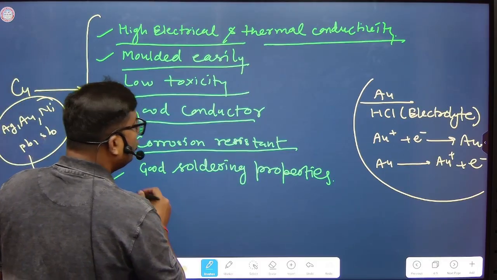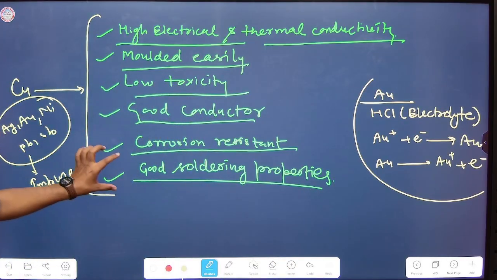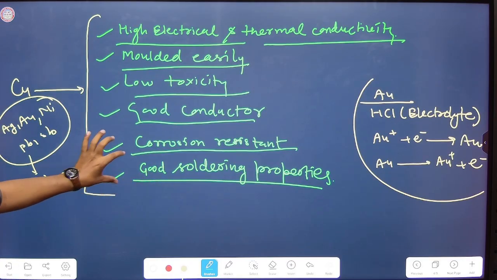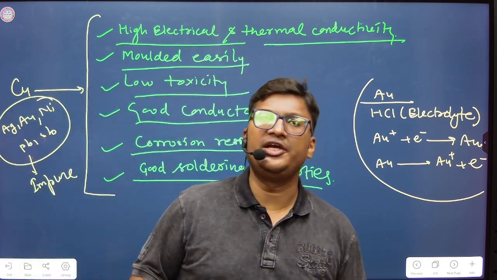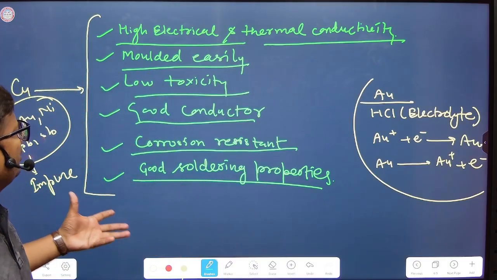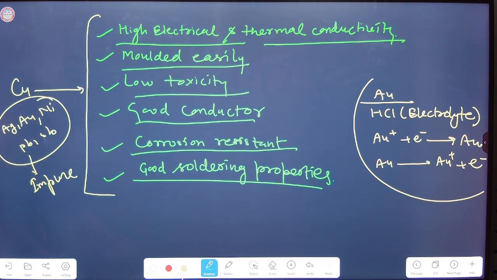And good soldering properties, right? So the copper which is extracted from the alloys has good soldering properties. So it is used in the soldering process to connect two pieces of metals, right?